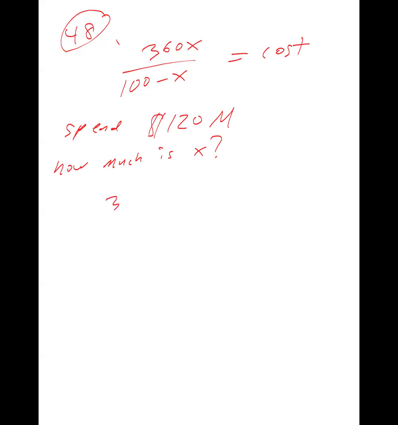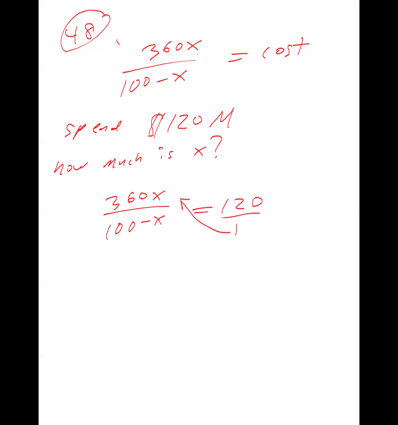Well, all you have to do is take the 360x over 100 minus x and set it equal to the cost, which is in millions of dollars. Technically this is a fraction equal to a fraction, although it doesn't look like it. How do I make that into a fraction and a fraction? Put it over 1, right? Now, if it's a fraction equal to a fraction, how do you solve that? The easy way? Cross multiply.